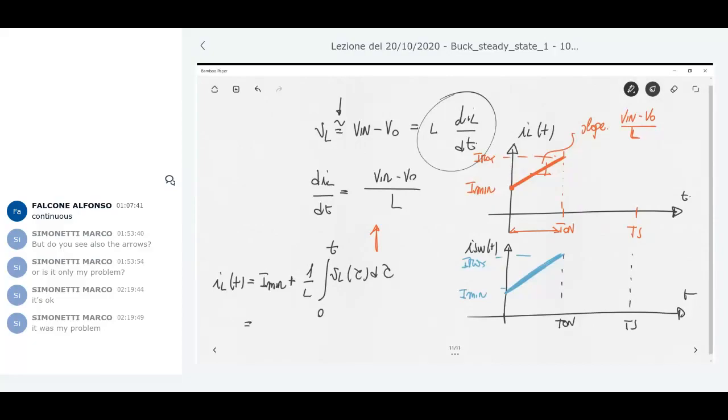So it is the minimum current plus Vin minus V naught over L multiplied by t. Of course, for t included in this time interval, 0 to T on. Okay, so this is a linear variation in this way.